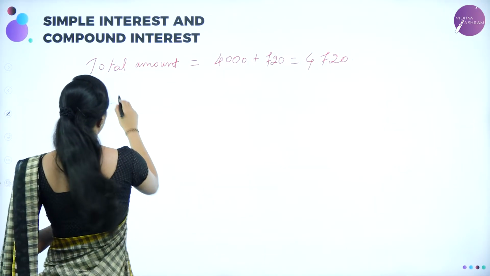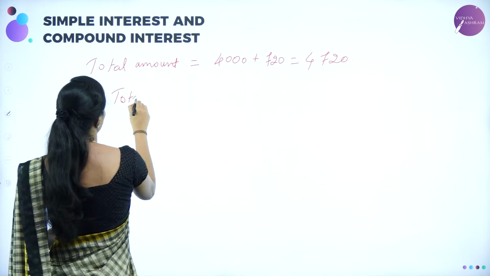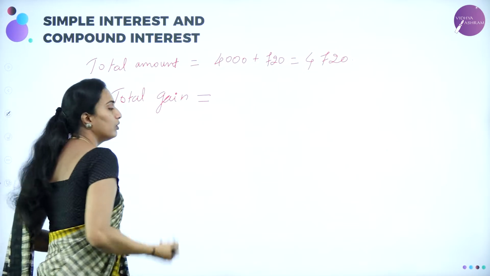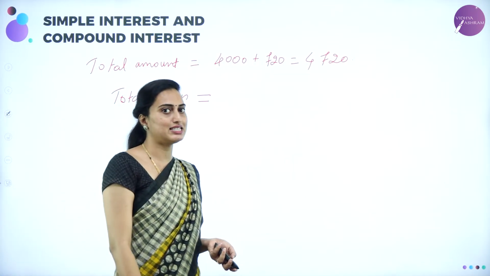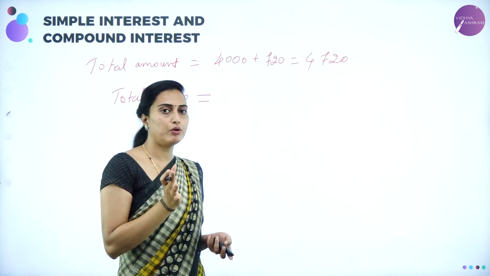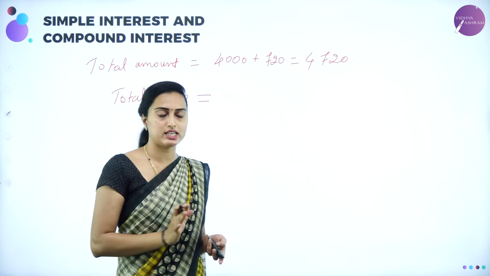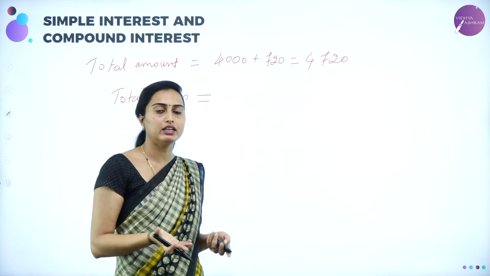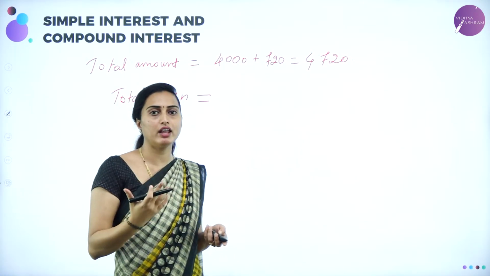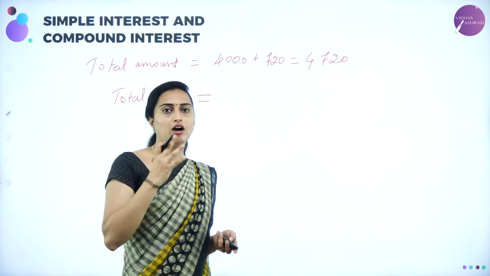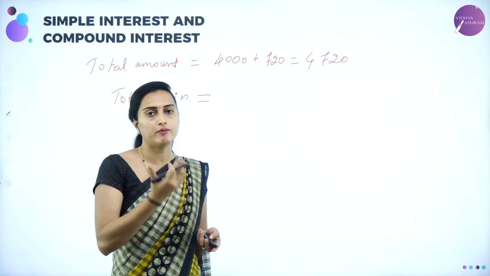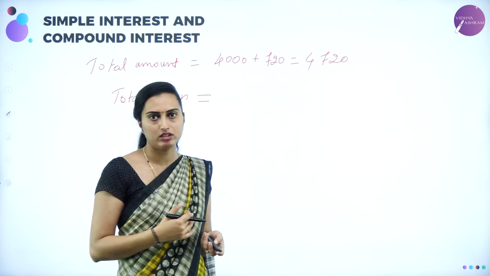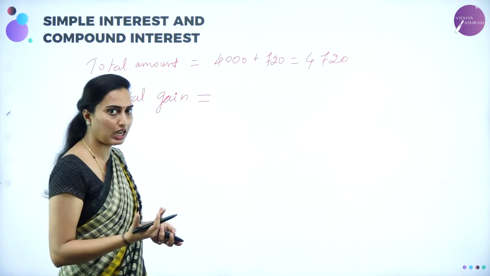So the total gain is nothing but the total amount received from both SI1 and SI2, minus what he received at a time from both Vivek and Jason.